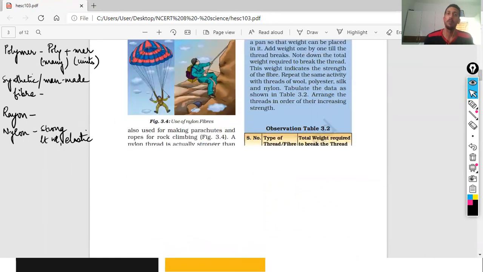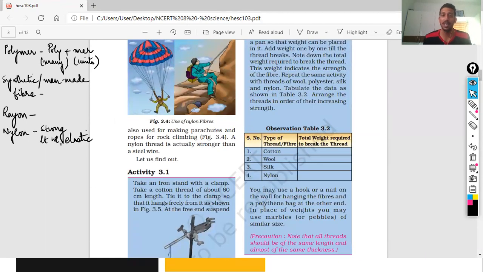But how many of us also know that nylon is a material which is used for even mountaineers or parachute gliders, as I was just discussing. So, in short, nylon is a very strong material, and we wouldn't want to consider nylon as a material which is only used for socks, or t-shirts or shirts. It's something which is much beyond.